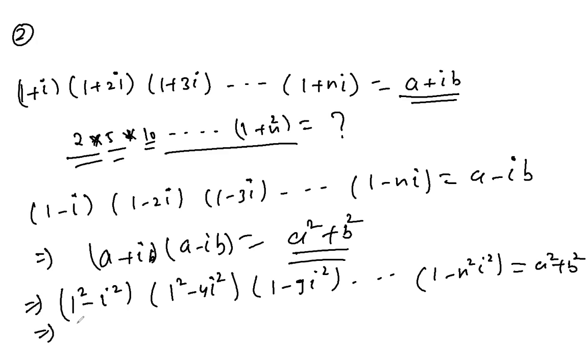Here i square is minus 1, and that minus times minus gives plus 1. Similarly, 1 minus 4 i square gives minus minus 4, so that's plus.